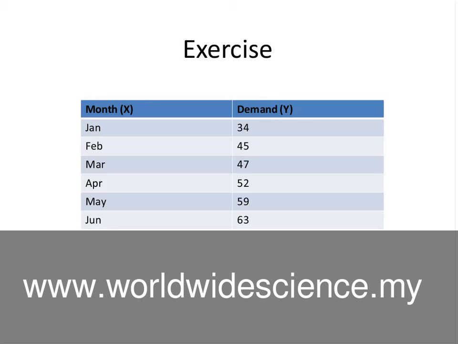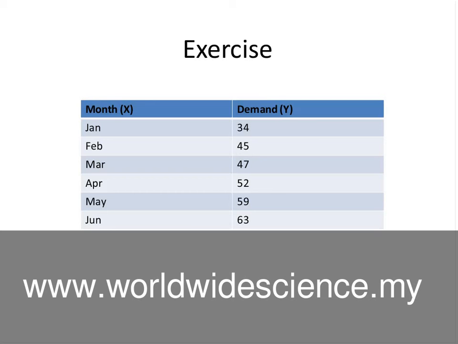The month is X and the demand is Y. We want to calculate the linear equation. By use of these data that are clear, January, February, March, and the demand for them, we should calculate A and B. After calculating A and B, we can write the linear equation.